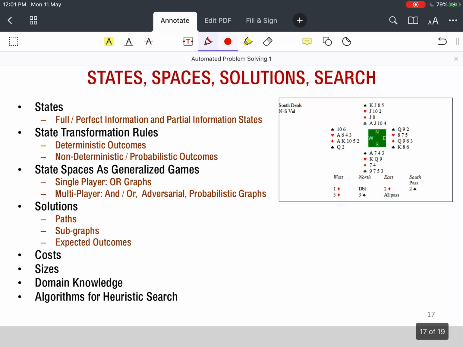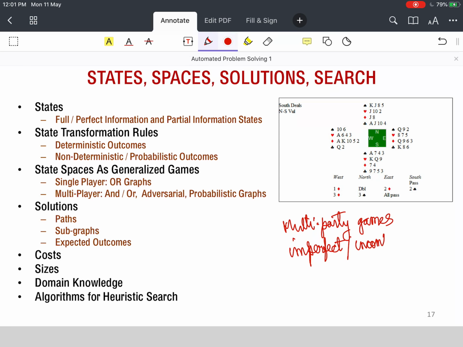Then there are games which are multi-party games, with imperfect or incomplete information. Look at the game of cards where 4 players are playing a game of bridge.